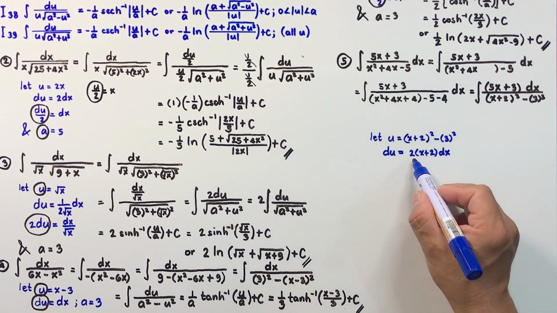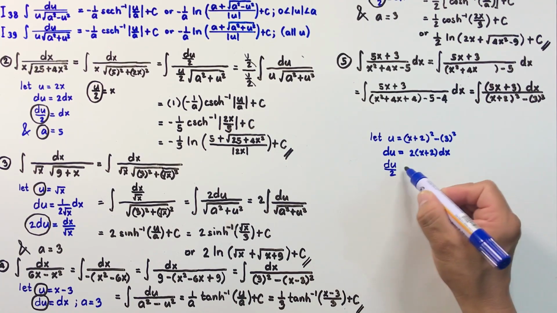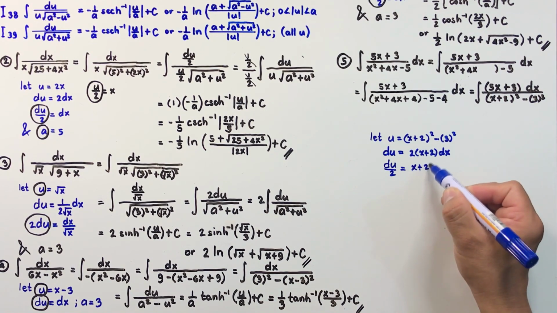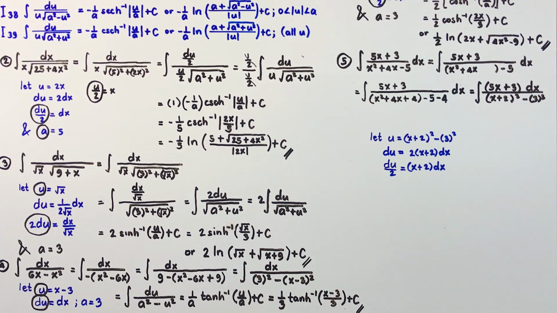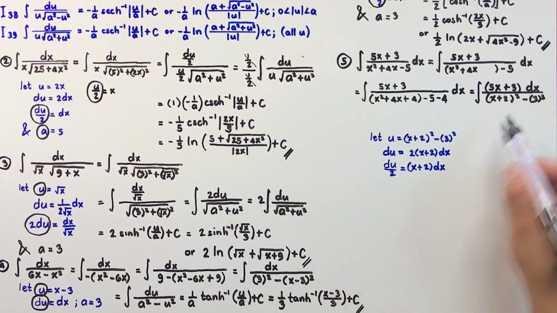And removing this 2 here, we have du over 2, which is equal to the quantity x plus 2 dx. So with this, we need to have this expression in the numerator of our integrand.